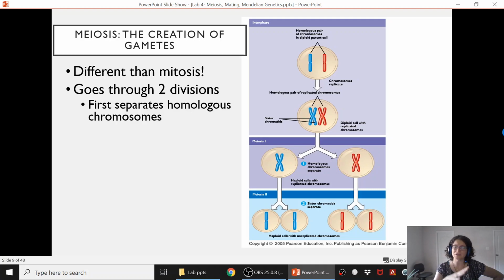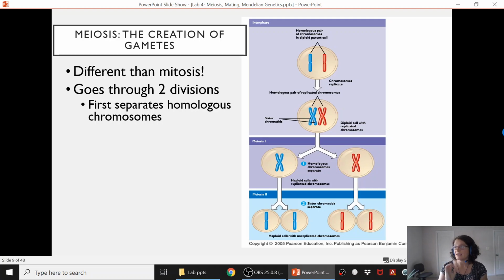The first division separates the homologous chromosomes, so that's this one, okay? You still have the duplicated chromosome, but now they're no longer together. Remember, in mitosis, duplicating your body cells is for creating identical cells.